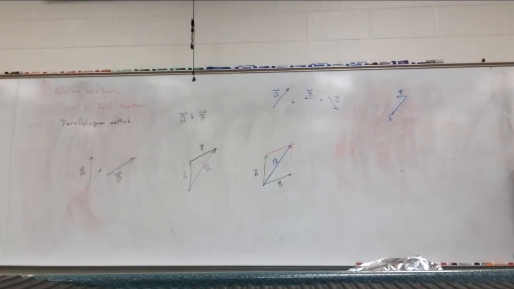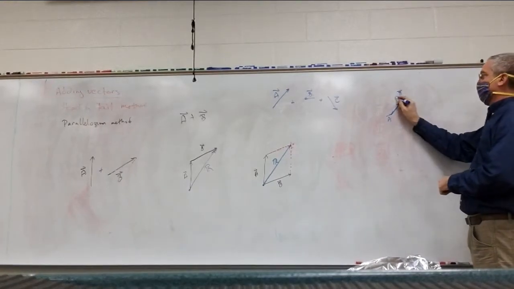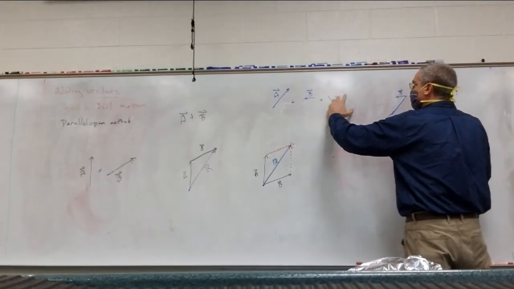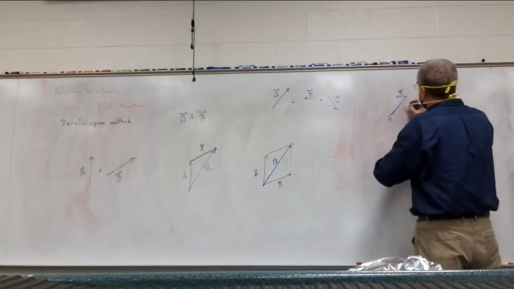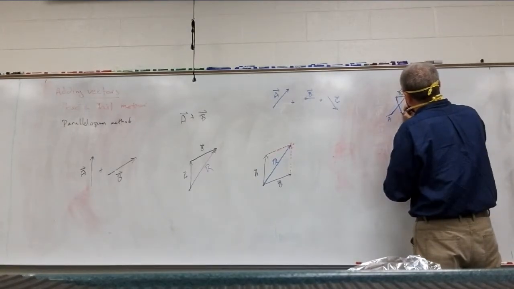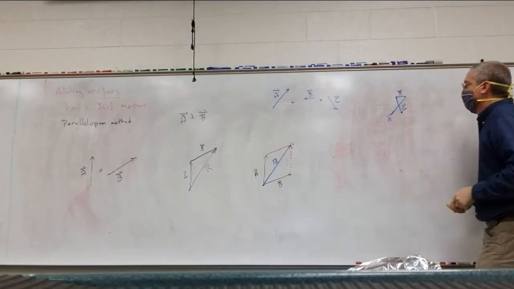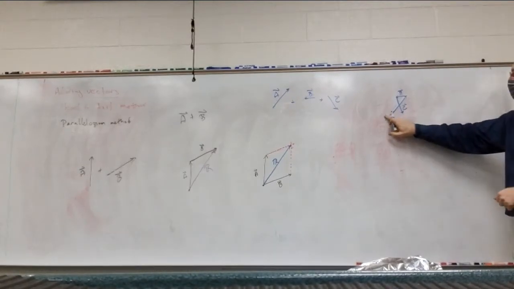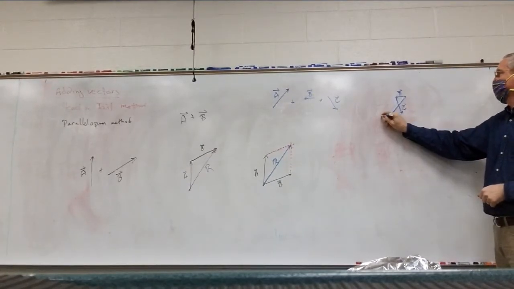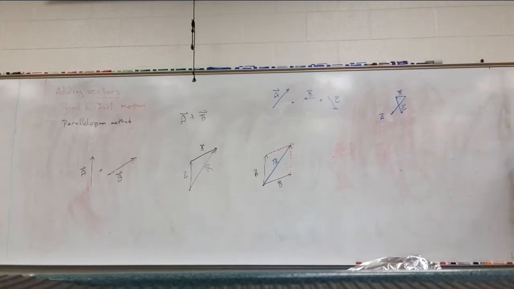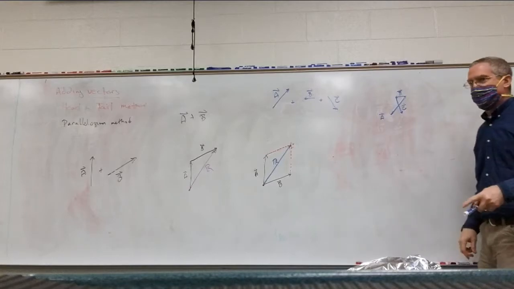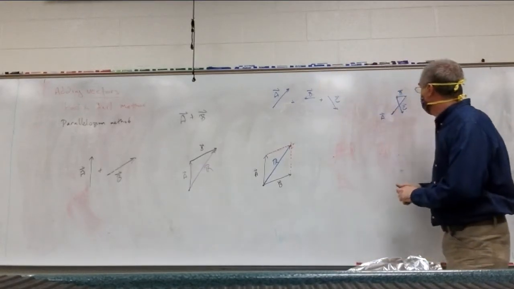And then I take the third vector, and I have a new starting point now. I'm going to take C. Draw that a little bit better. And my resultant is from where I started to where I ended.